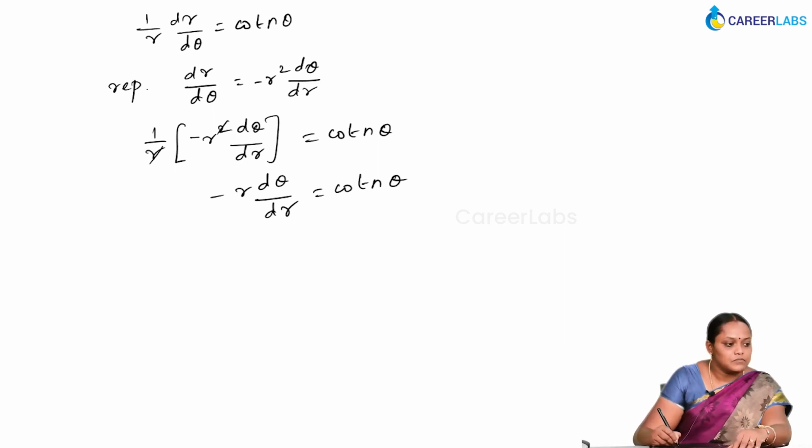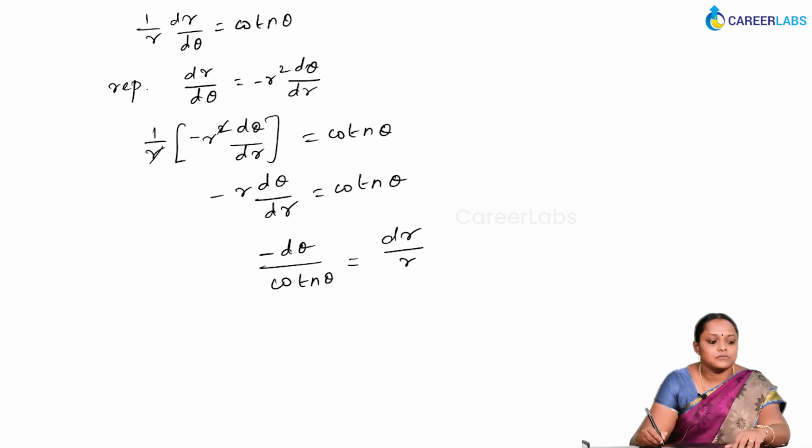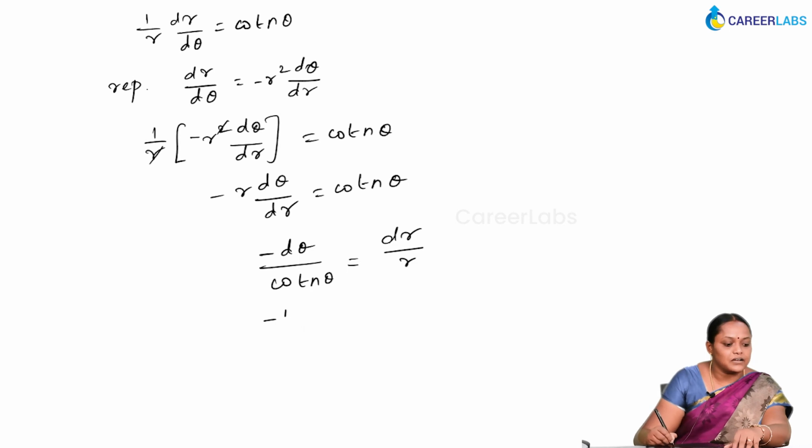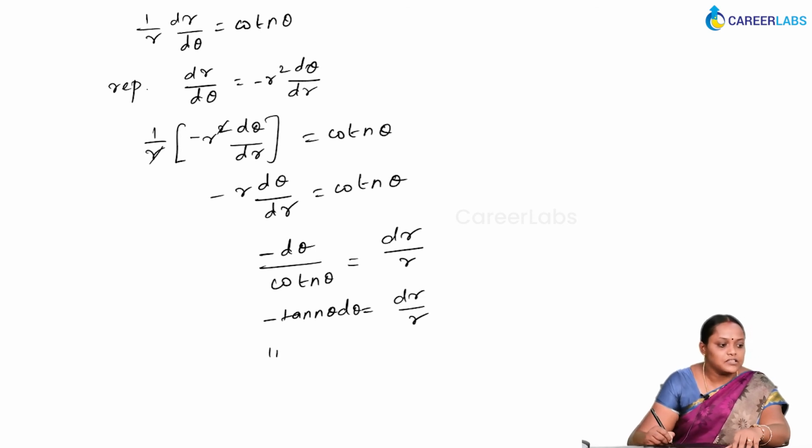So this is minus d theta by, let me bring this cot n theta over here, and r we will move to the other side, so this will become dr by r. So what is 1 by cot n theta? It is tan. So this is minus tan n theta d theta is equivalent to dr by r. So we are going to integrate this.